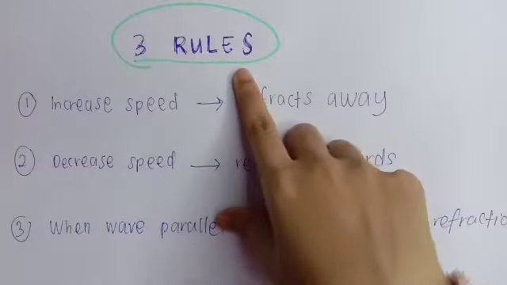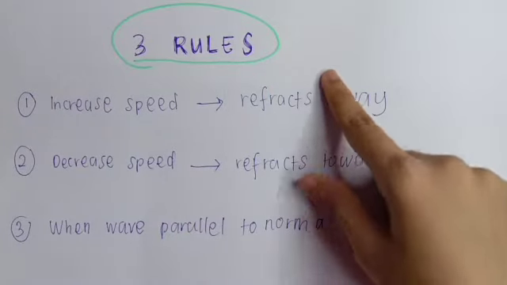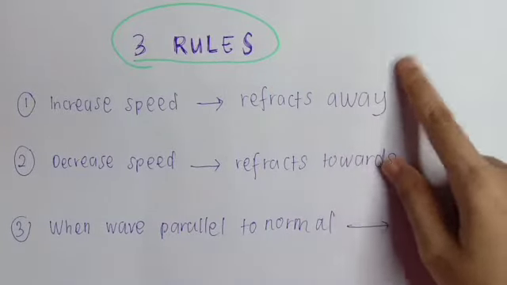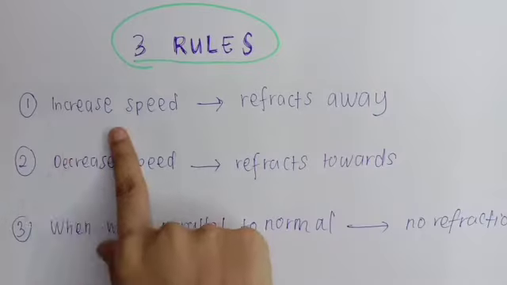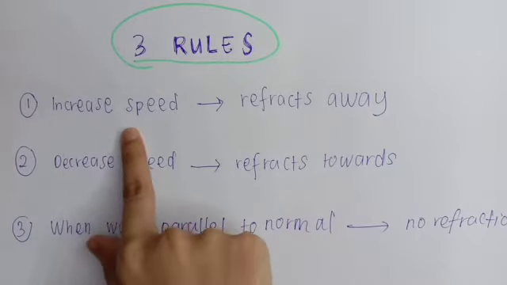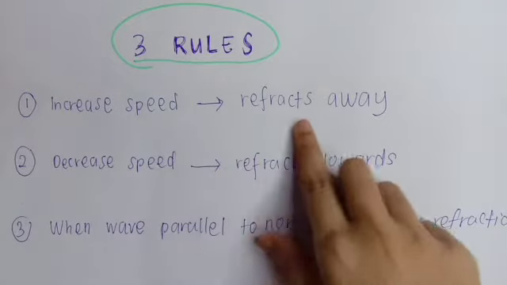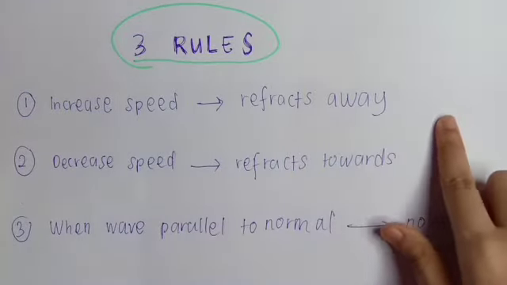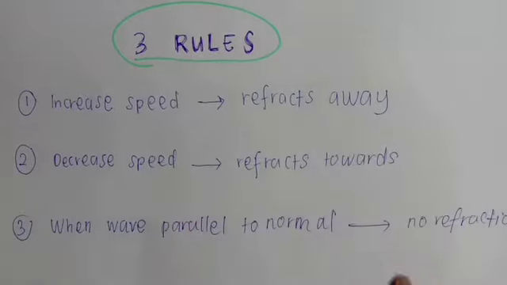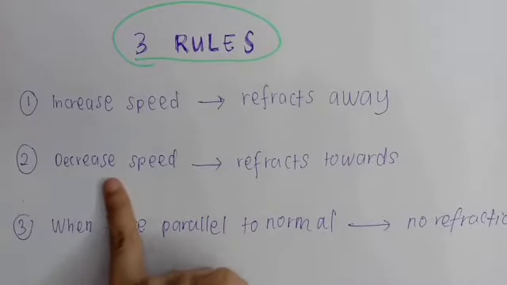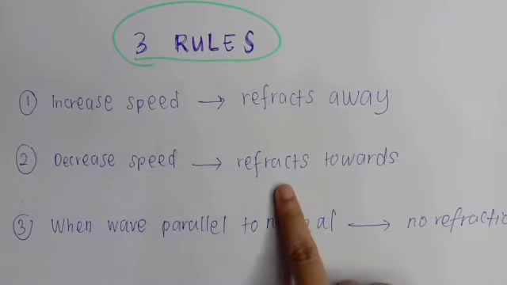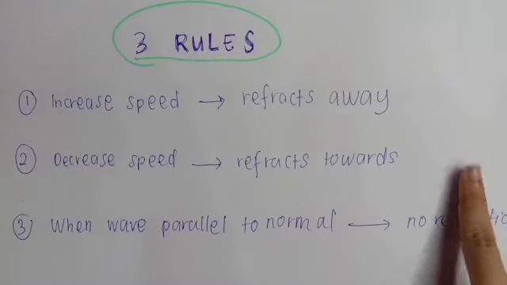There are 3 rules that you must follow if you want to draw the diagram. So first, when the speed of the wave increases going through the material, it will refract away, which is bent away from the normal. Okay. And then second, when it decreases speed, it will refract towards the normal. Okay.